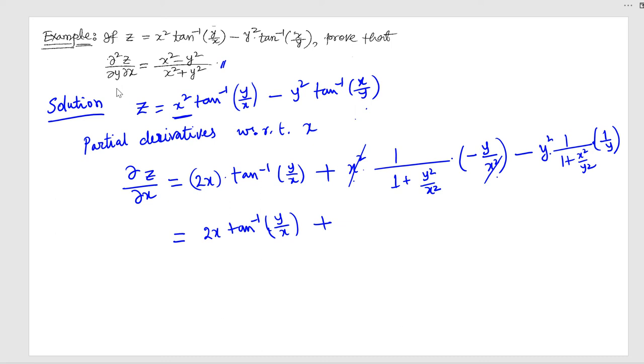So we have here negative x square into y by x square plus y square. Then finally we have minus y square, and then another y will be here, so this would be y cube by x square plus y square.